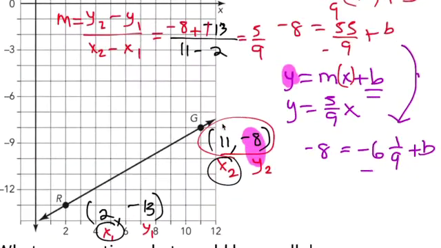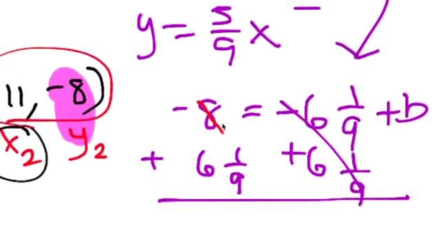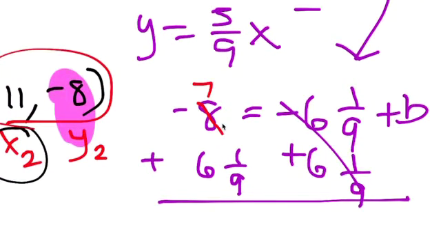You would add 6 and 1/9 to both sides. This tells you if you know how to do your fractions or not. It's important that you know. The y-intercept, you can have it as a mixed number to graph. Borrow, pretend the negative is not there, 8 becomes a 7.